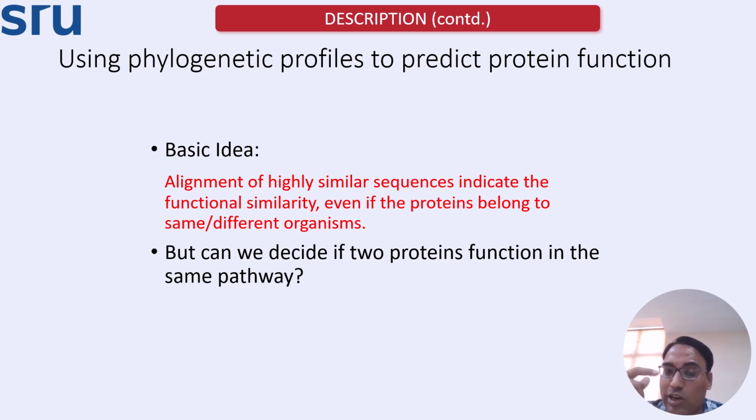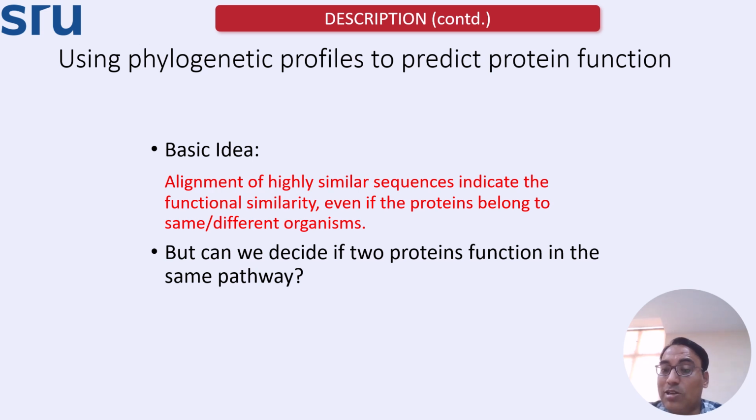Now to take this discussion further: if the functional connection keeps coming up every time for multiple different proteins, it means they are always found to be connected, meaning they are evolving together.